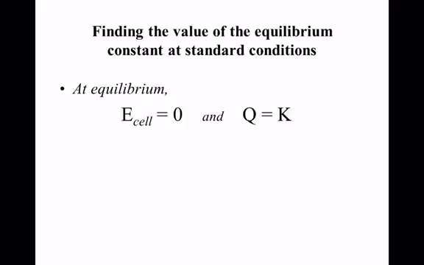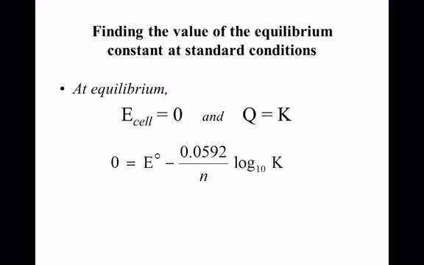We're going to look at the specific case where it's at equilibrium. I don't have the proof to show you all the steps, but if it's at equilibrium, the Nernst equation does something interesting. If it's at equilibrium, then your snapshot, your reaction quotient QC, is really KC.